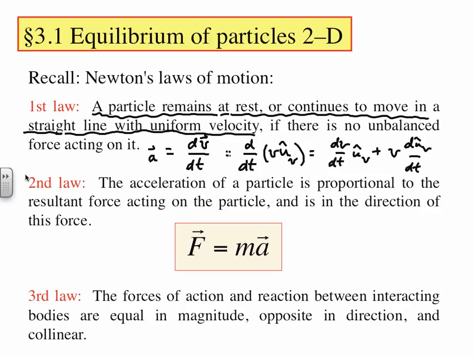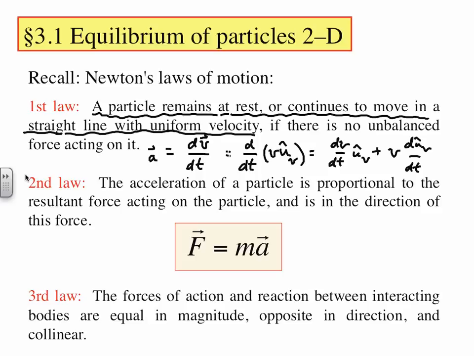The significance for us is that a particle doesn't actually have to be stationary for the equations of static equilibrium to be valid. Although many of our applications will involve stationary objects, the equations of static equilibrium still hold if the object is in motion, as long as its motion is no more complicated than traveling at constant speed in a straight line.